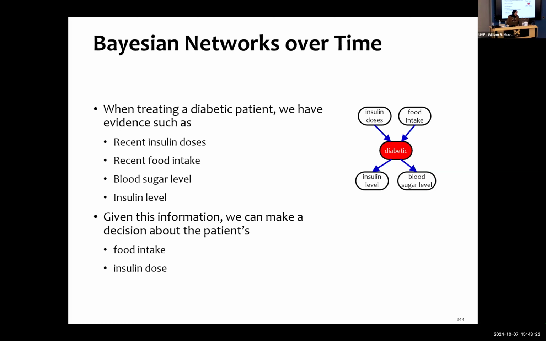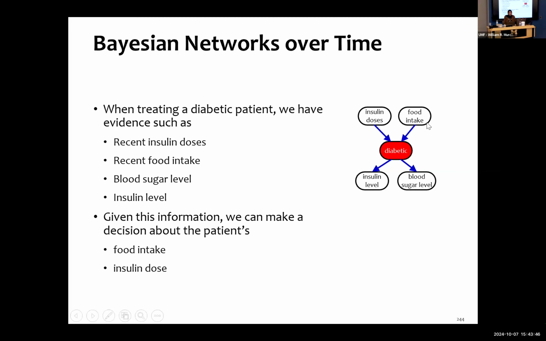So taking now another example, the example that we saw last time. Given a patient who is, let's say, a diabetic person, the condition is going to depend upon two random variables. The first one is the insulin doses that person is taking.